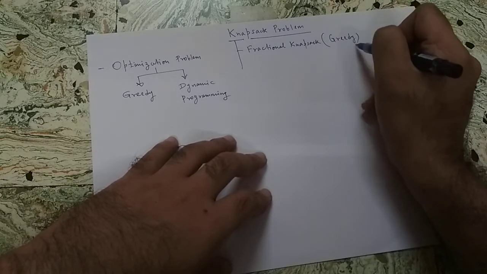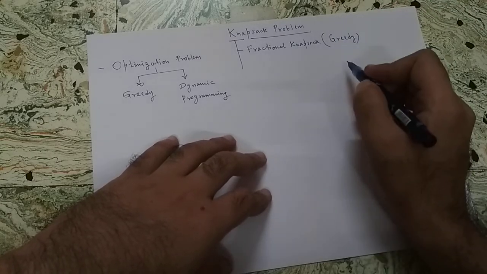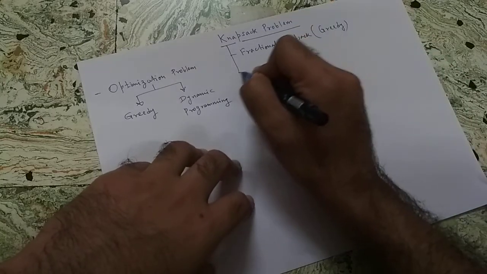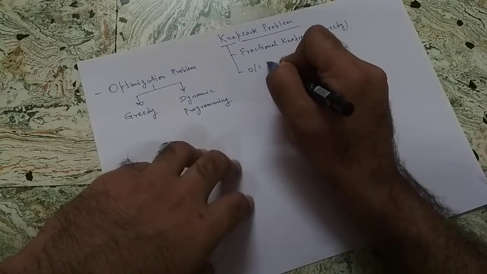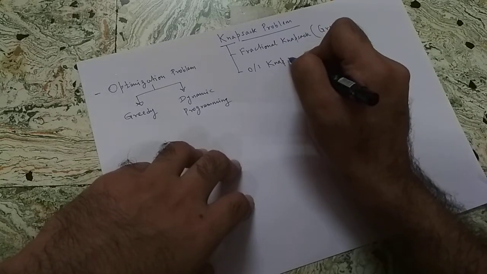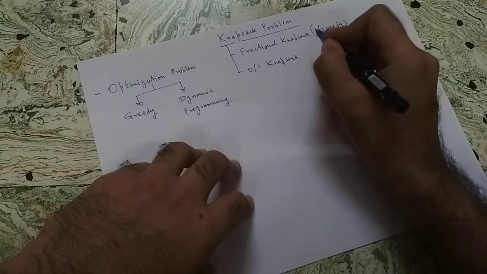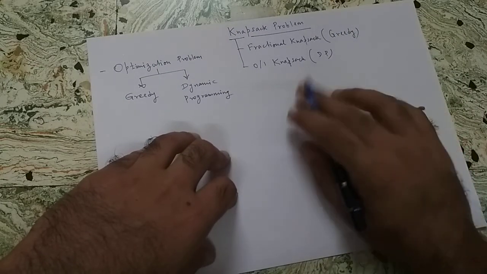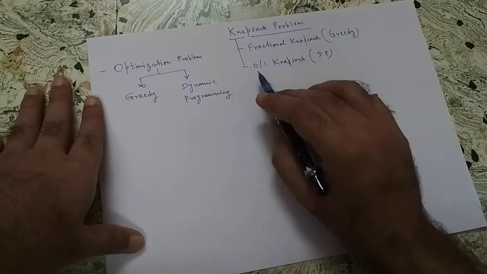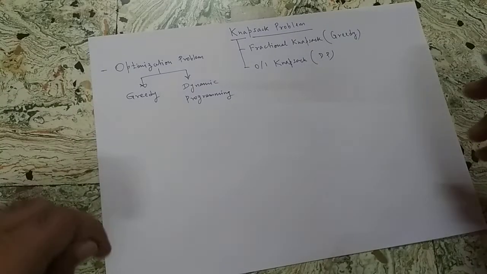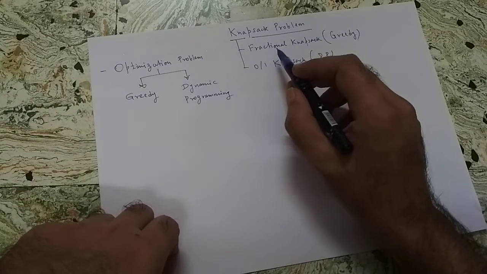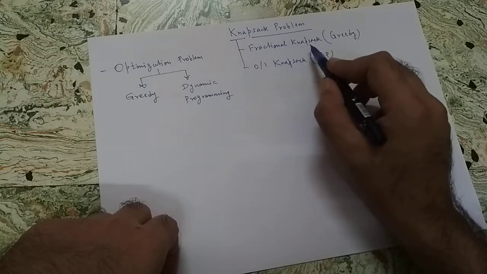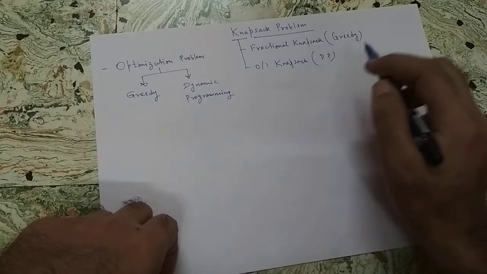The other is known as 0-1 knapsack, where we apply dynamic programming to solve the problem. We'll see the 0-1 knapsack problem in a later video, but in this one we will focus our attention on the fractional knapsack problem using the greedy approach.